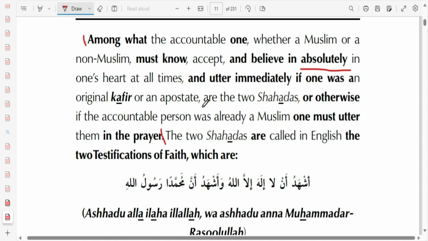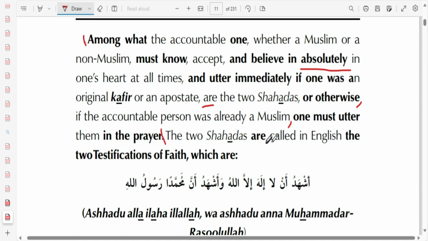Among that is the two shahadas. Or otherwise, if the accountable person were already a Muslim, one must utter them in the prayer. Utter the two shahadas in the prayer.